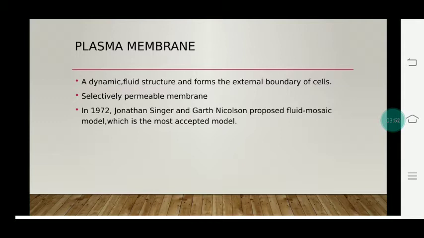It describes both the mosaic arrangement of proteins embedded throughout the lipid bilayer as well as the fluid movement of lipids and proteins.